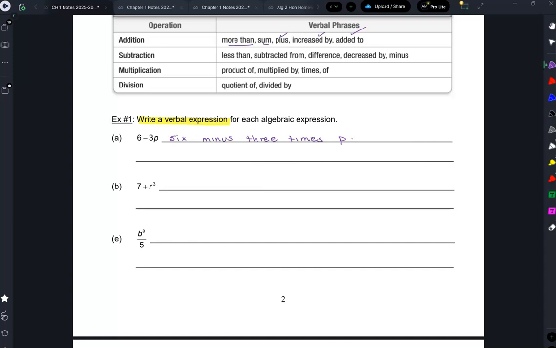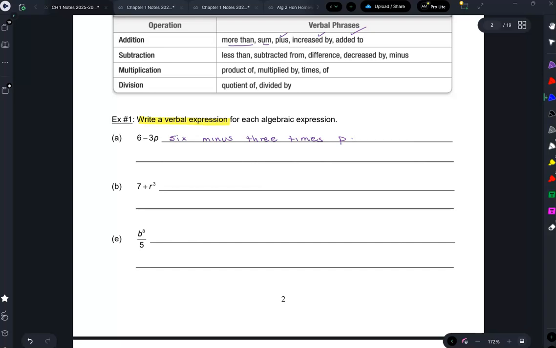Right, so 6 minus 3 multiplied by P. 6 minus the product of 3 and P. Can I say 3 times P subtracted from 6? Yes, I can. So let's write that down.